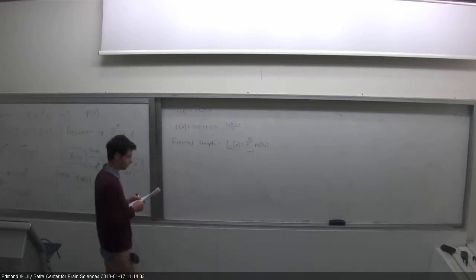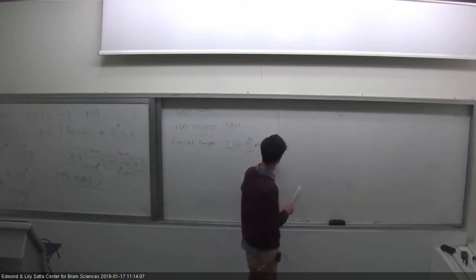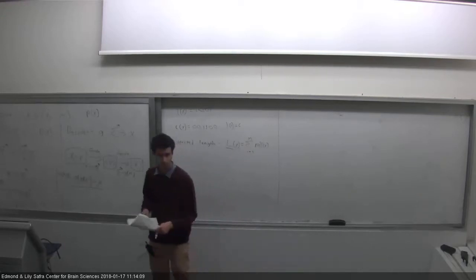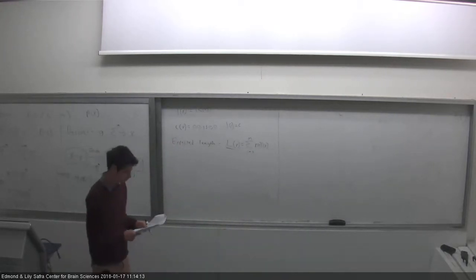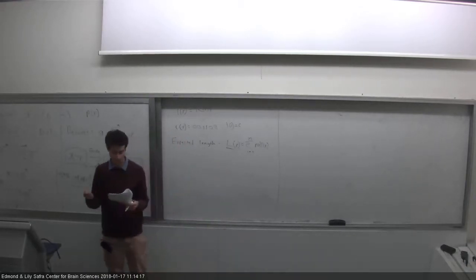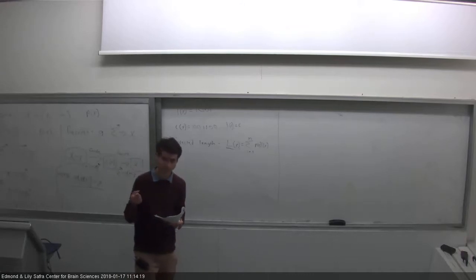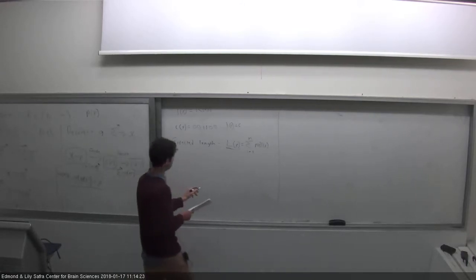Now, let's see some example. Is it clear? For example, we want to encode the message of whether it's sunny, cloudy, or rainy today.